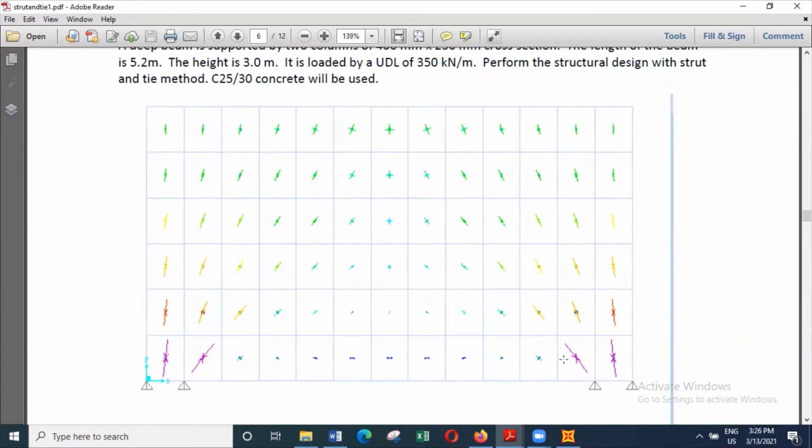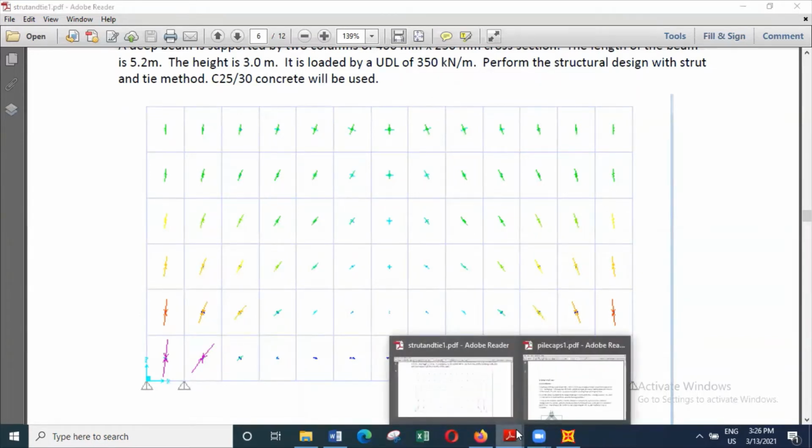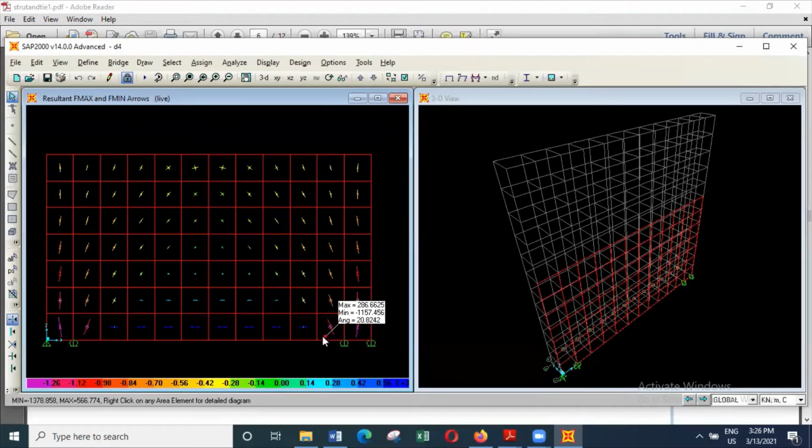And here you can see clearly you get tension, and here you can see the plus forces, and these are the minus forces. These are in compression, these are in tension. So you can see clearly this region is in tension, this region is also in tension, but to a lesser degree, whereas this region is in compression.